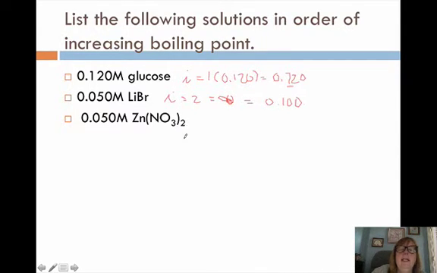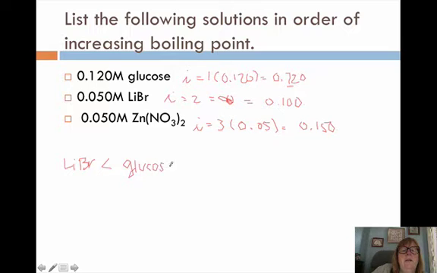And then zinc nitrate, the nitrate stays together, it will ionize into 3 particles, times 0.05 is going to give us 0.150. This will have the highest boiling point. This would have the lowest. So increasing boiling point, lithium bromide would have the lowest, then the glucose, and the highest boiling point would be the zinc nitrate.